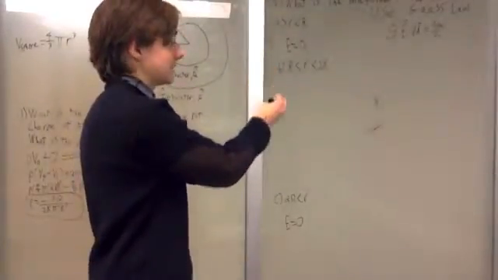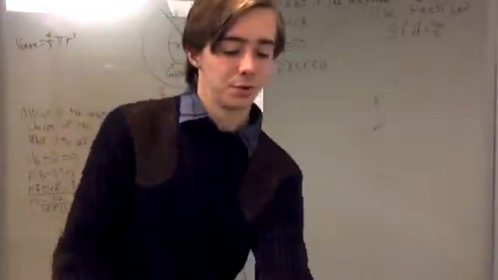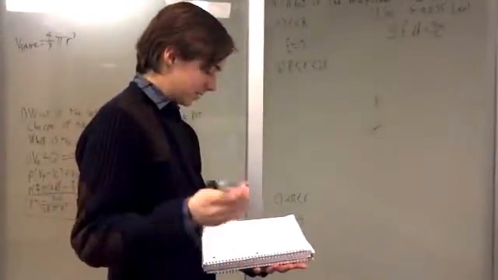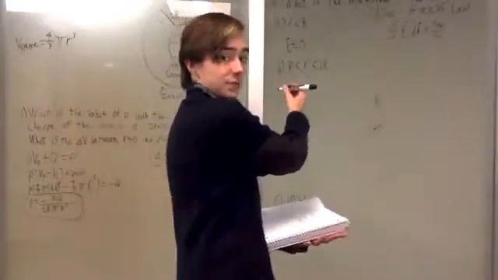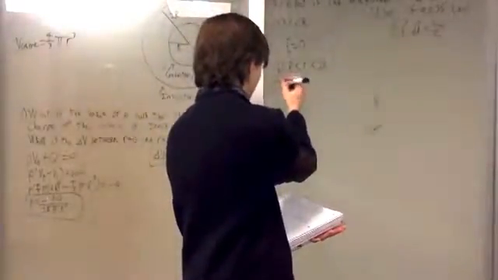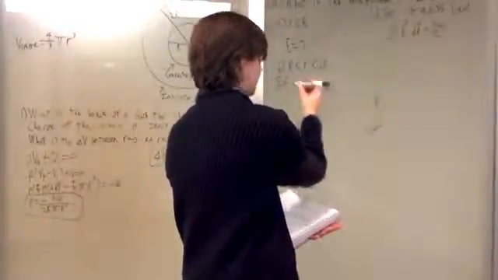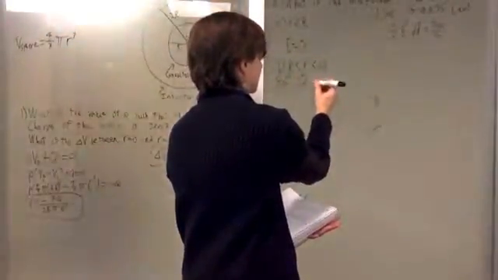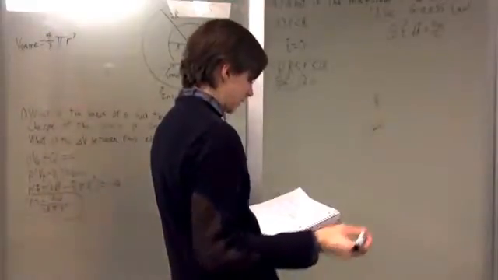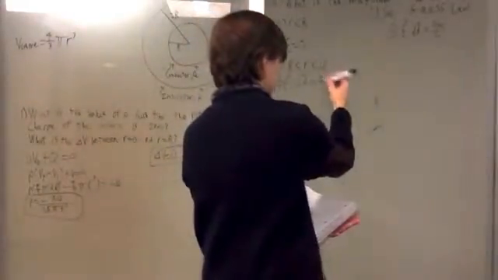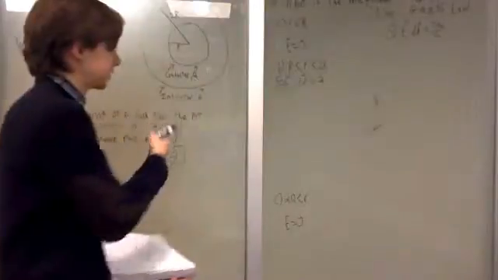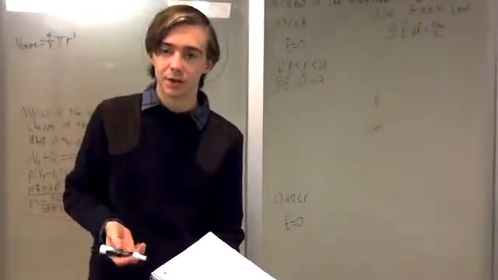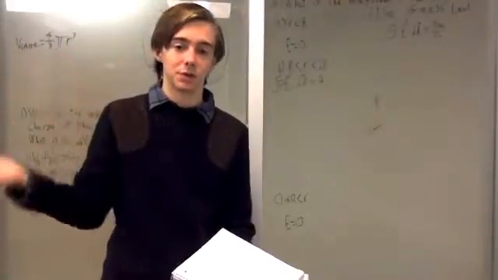Now, in the second part, we need to work out E in this region, so we have to substitute in all of the values we know. The closed surface integral of E dot dA is equal to, our Q enclosed is going to be Q, which is the charge of the inner sphere, plus whatever we have enclosed of the outer sphere, which is going to be the volume enclosed times our charge density.